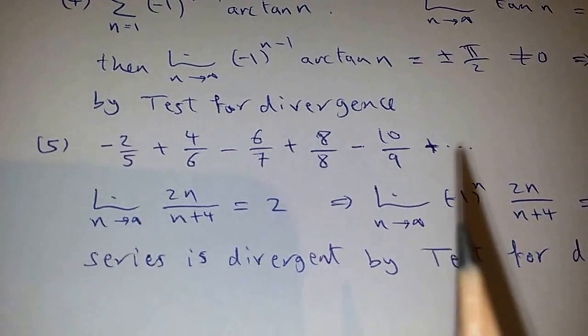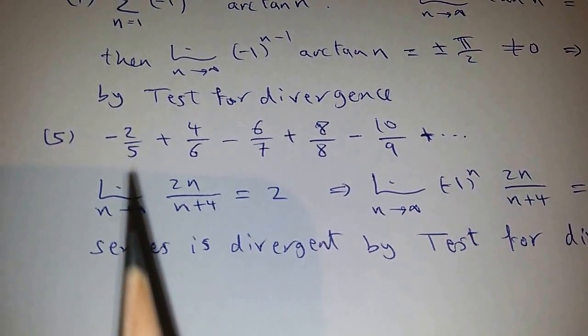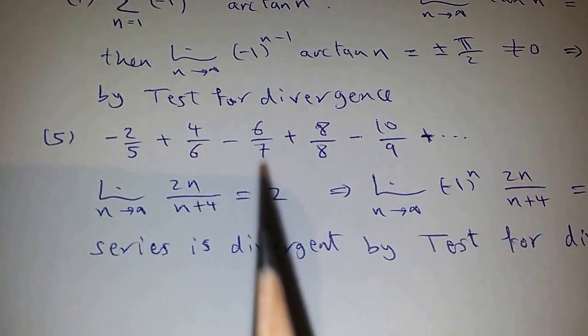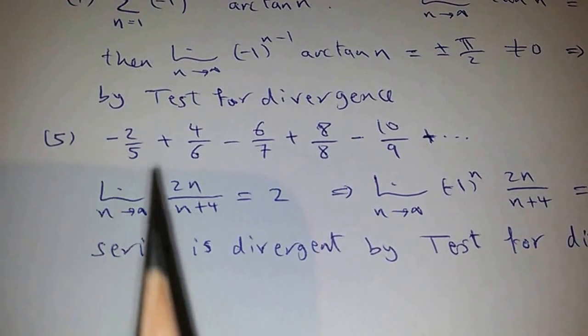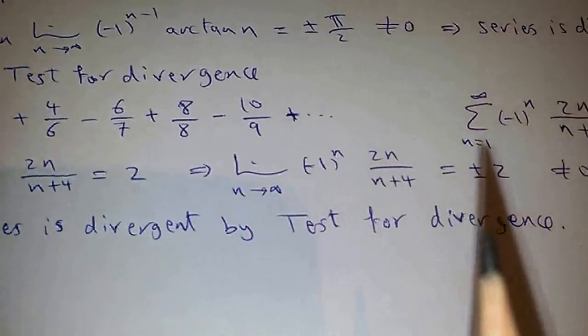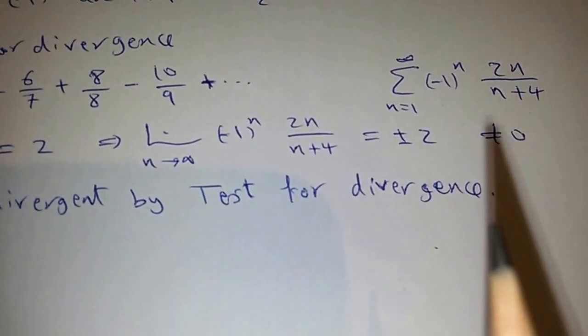So in fact the numerator is 2 times n. What about the denominator? This is 5, 6, 7. So this is n plus 4. So this series can be written as (-1) to the power n, 2n over n plus 4.